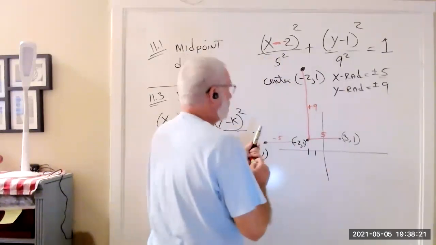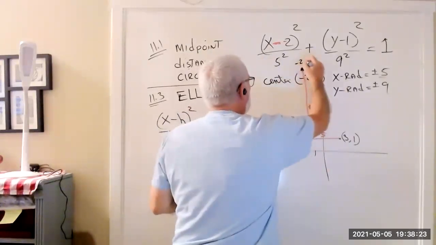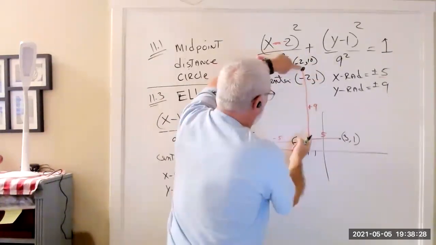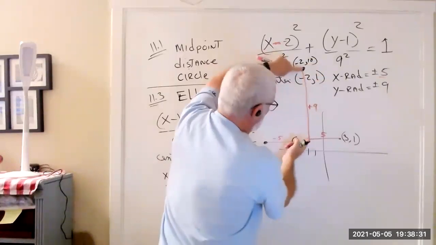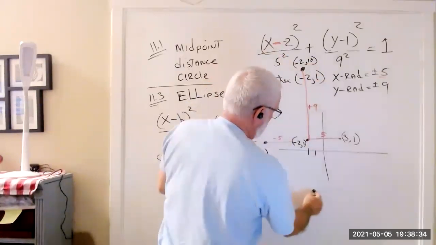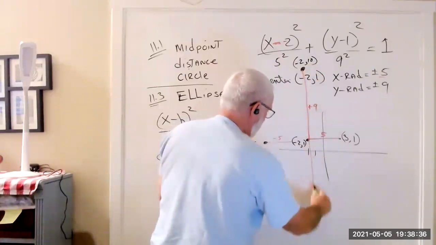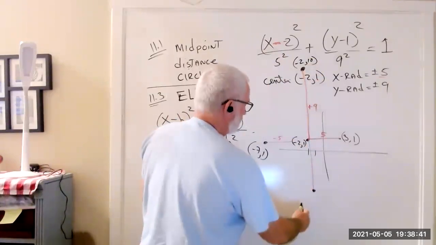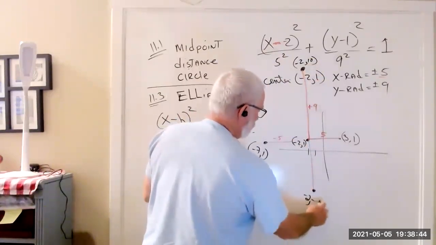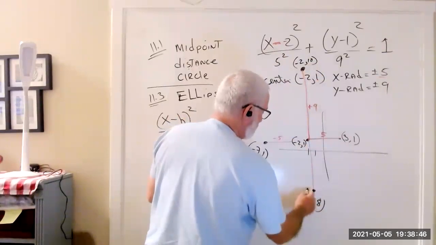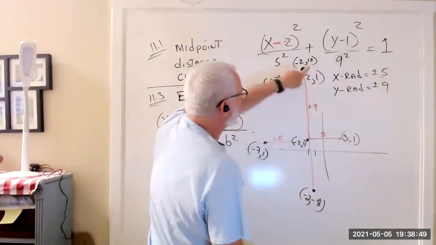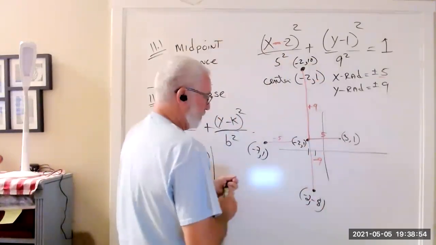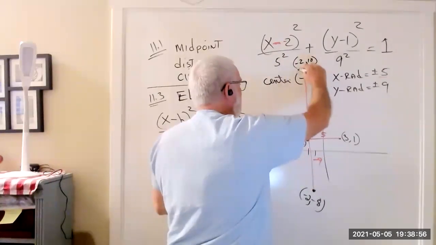You guys agree? And just roughly, if I go down 9, where am I? (-2, -8). 1, take away 9 is -8. So here's my ellipse.